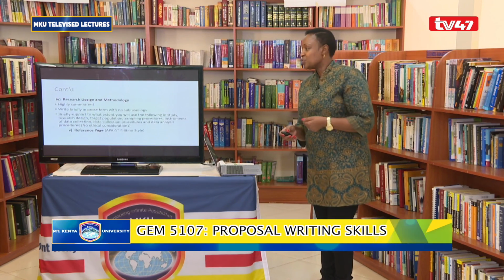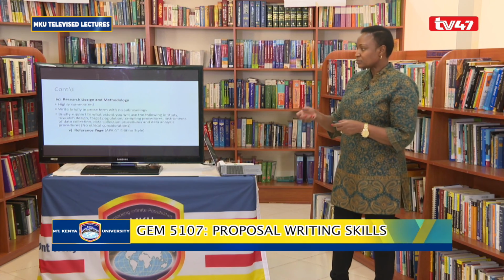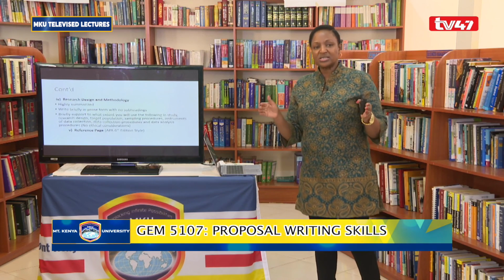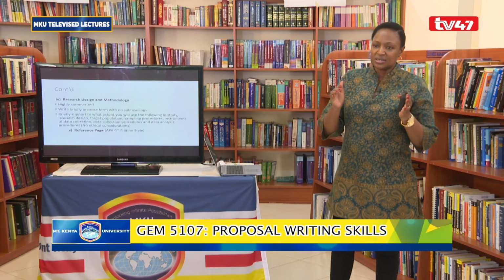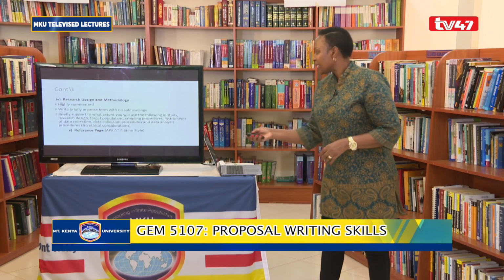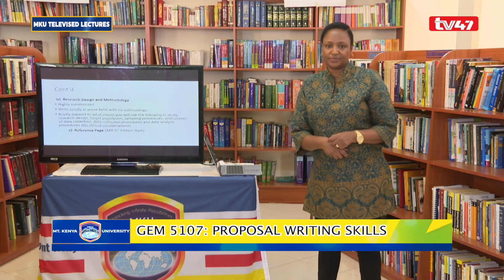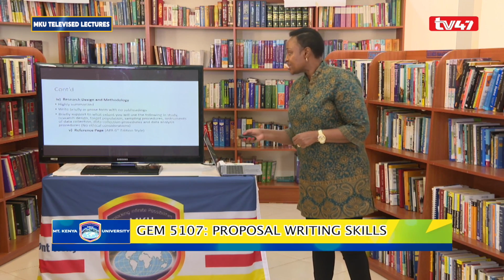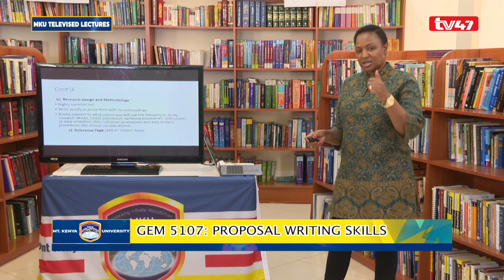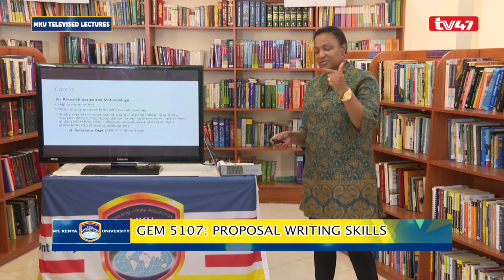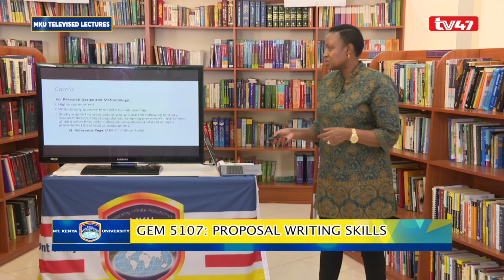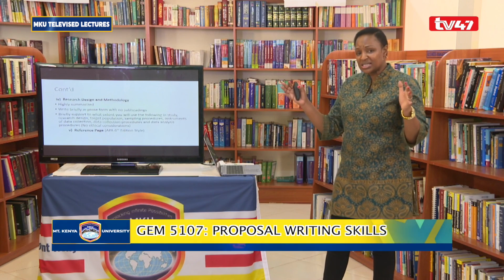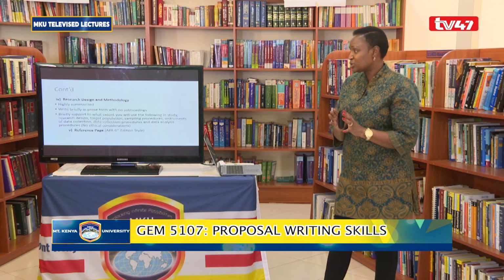Now, if we have our concept paper ready, remember we have said this is a document that has 10 to 15 pages, plus and including the references. We need to keep that in mind. And therefore, it has those sections: the introduction section, the literature review, the research design and methodology, and the references, as we have mentioned.